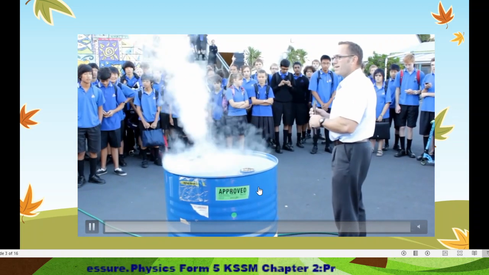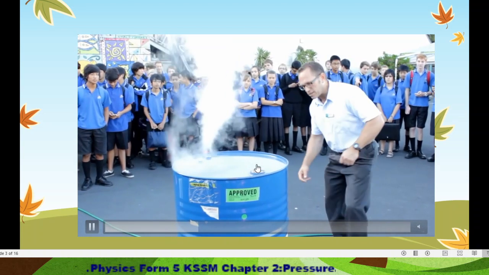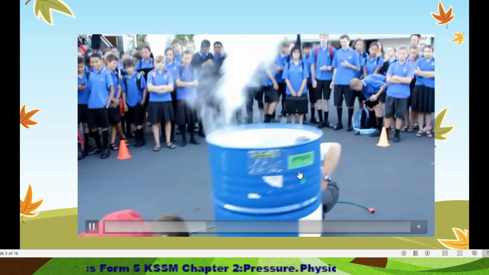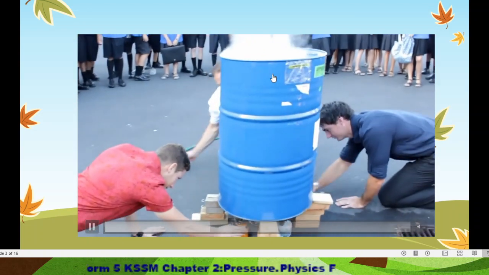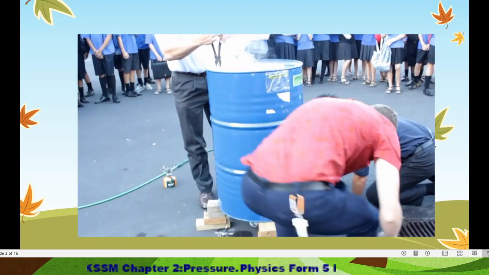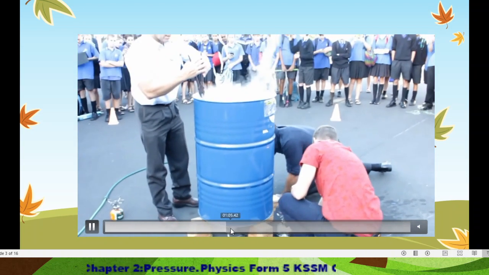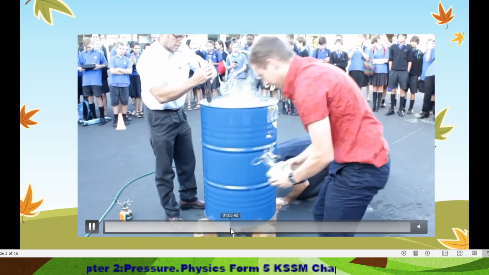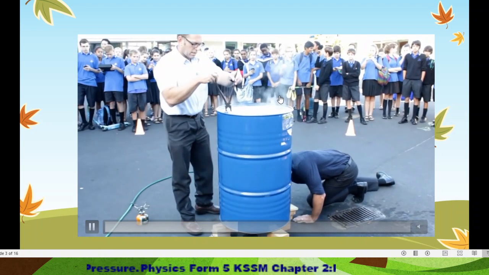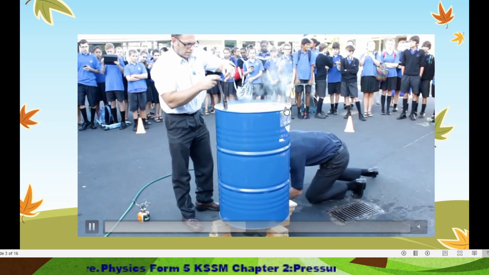So the pressure in the can is very high because the steam, which has the properties of a gas, will collide with the wall of the can and produce higher pressure inside the can. Now remove the fire from the can, meaning stop applying heat, and then close all the openings at the top here to prevent the steam from being released from the can.